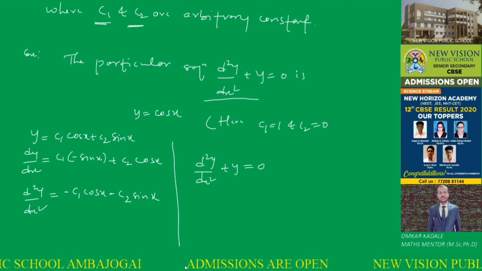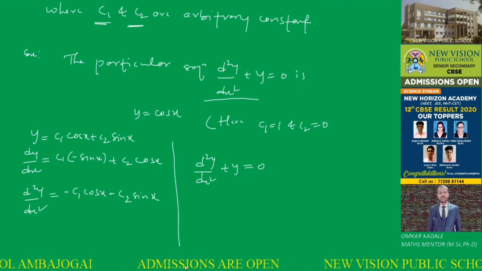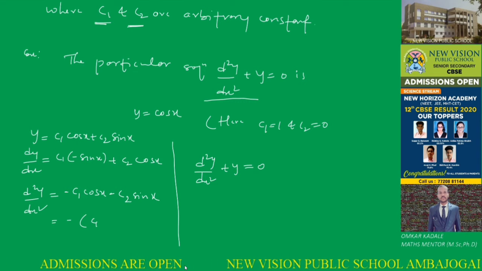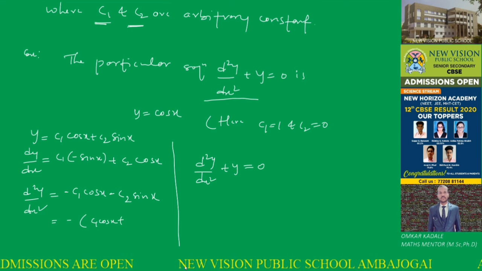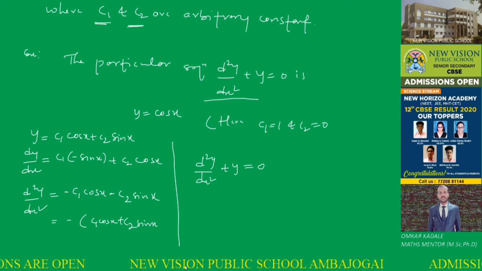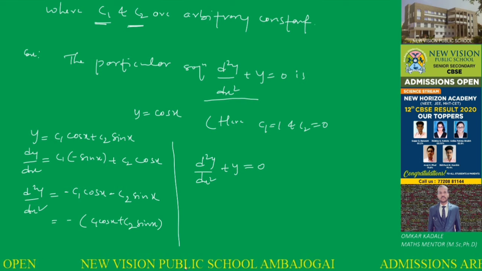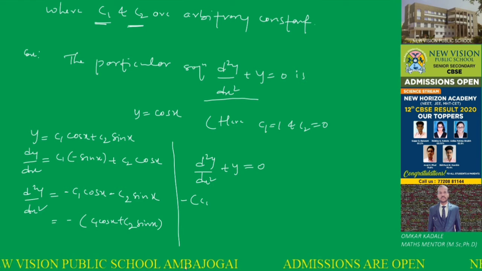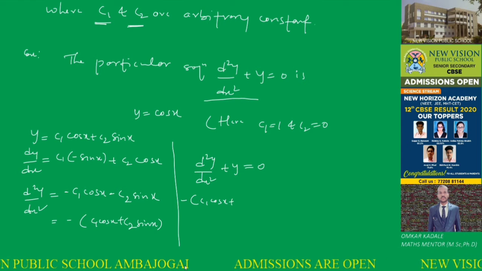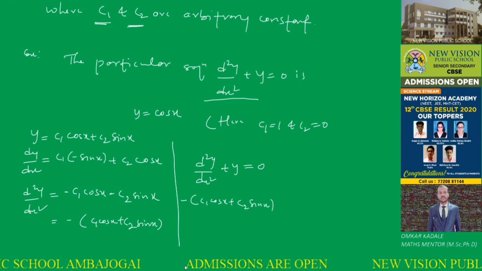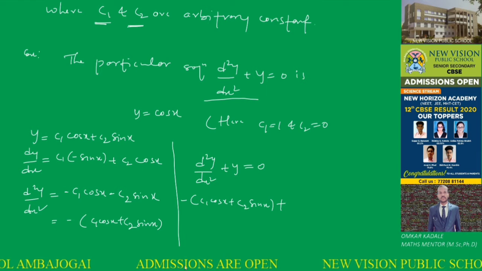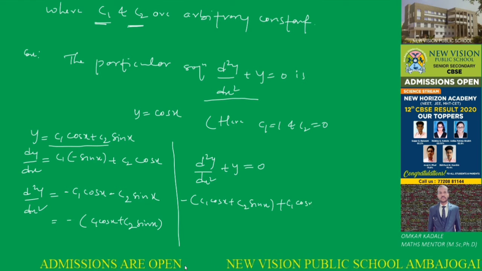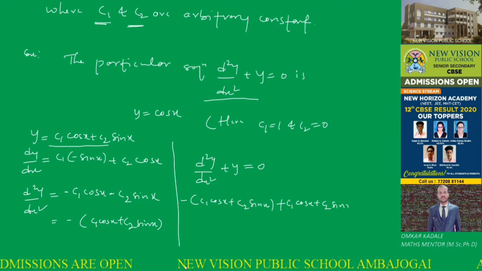If you take minus common here, the d2y by dx square value is minus of c1 cos x plus c2 sin x, plus the y value, which is c1 cos x plus c2 sin x.